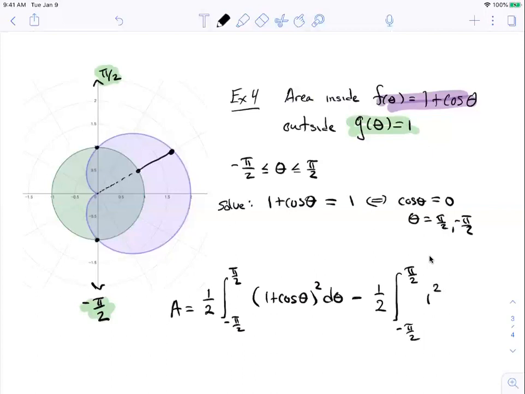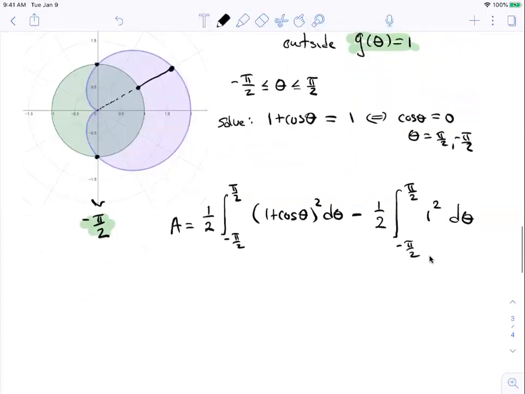That is 1 squared d theta. And I can certainly rewrite that as a single integral. And if you want to, you can always use this as a formula. It's 1/2 the integral from minus pi over 2 to pi over 2 of my outer function, if you like, I'm trying to use sort of familiar language, squared, minus my inner function, squared.